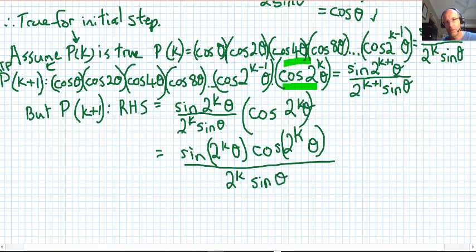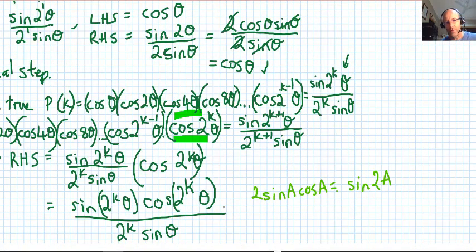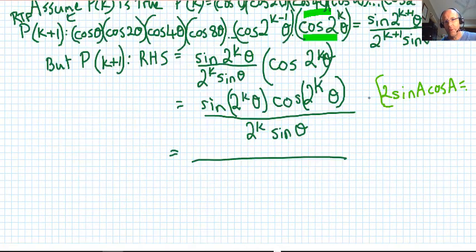Pray that it lasts. Now we're about to use the same identity. This is the second time in the video we've used that identity. We used it back up here as well, you might recall. So 2 sine A cos A, where A is some real number or some angle, is sine of double that angle. Now we don't have 2 times sine A cos A, where A is 2 to the power k theta.